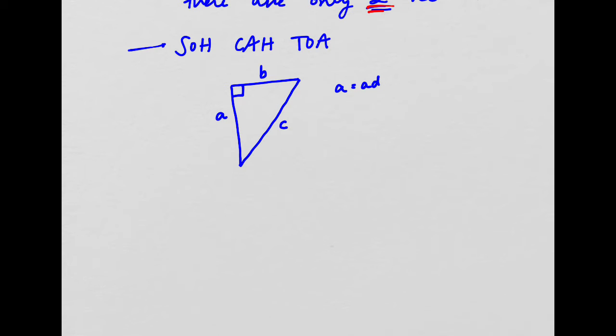So A is adjacent to theta. B is opposite of theta. And C is the hypotenuse.